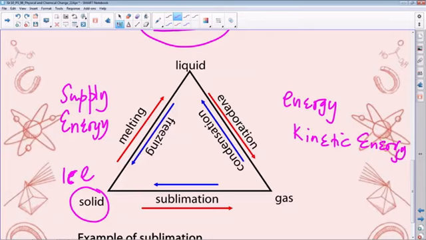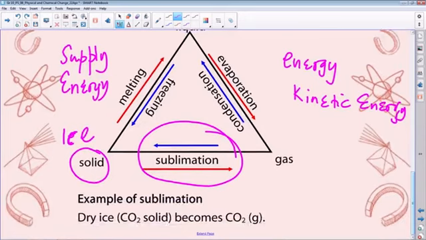Now, as the liquid is heated further, it turns into a gas, so the particles will be further apart. But sublimation, very key for us to understand that it's either from solid to gas or gas to solid. They cannot occur at the same time. It's one after the other.